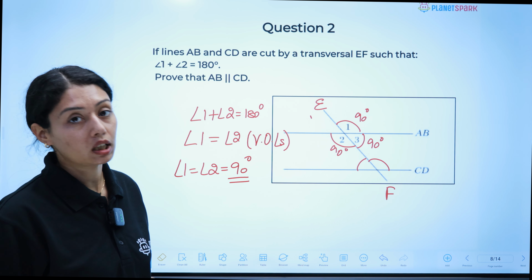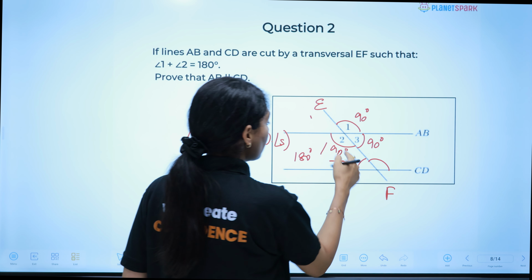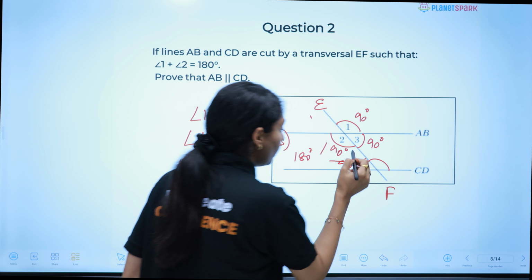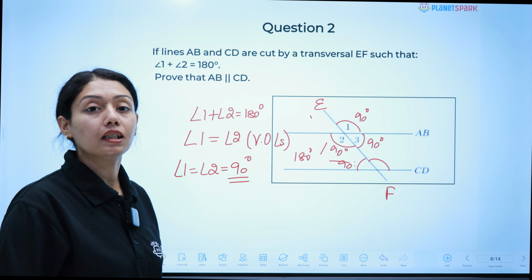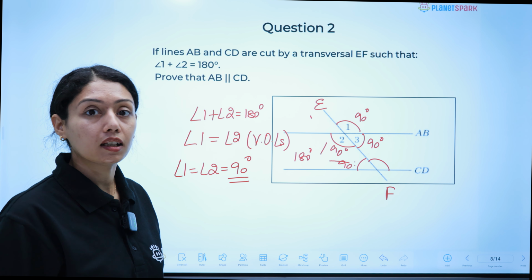We can say the sum of co-interior angles is 180 degree. That also works, 90 plus 90. Or we can say these two are equal, alternate interior angles. So if alternate interior angles are equal, we can say the lines are parallel. If sum of co-interior angle is 180 degree, we can say the lines are parallel. So from here we can say the pair of line will be parallel, right? कोई भी angle we can just use there, and that's it. Okay, next one everybody.